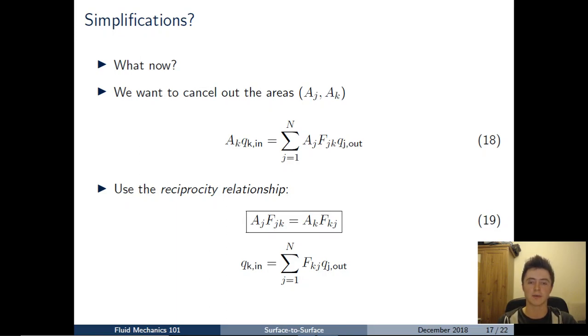So q_k, the radiation incident on our cell that we want, is equal to the summation over j, being all the other cells in the mesh, of the view factor swapped around from k to j multiplied by the radiation given off those cells. And this is fantastic. Now that we've got equation 20, we can substitute that back into our radiative balance and make some progress.